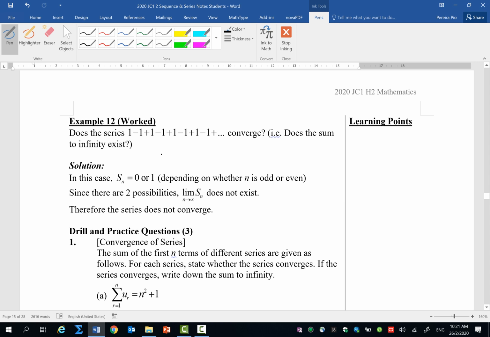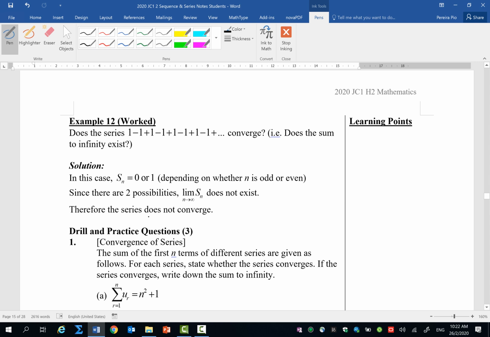If you stop at an odd term, let's say the third term, the answer is 1. But if you stop at an even term, the 1 and the negative 1 cancel, so the answer is 0. So essentially your Sn must be 0 or 1.